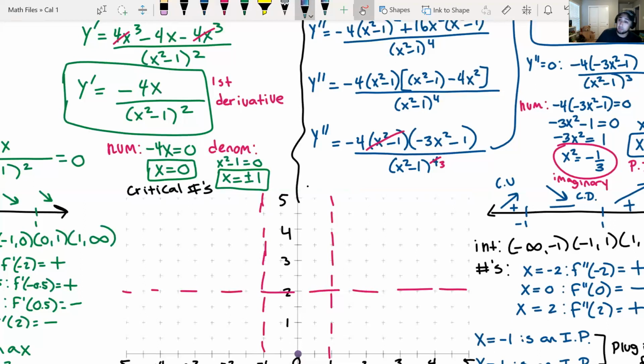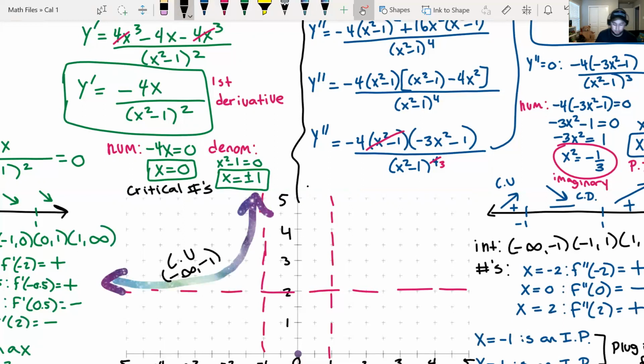So this is what it looks like. There it is. That's concave up. I'll write it in for you. Concave up from -infinity to -1.